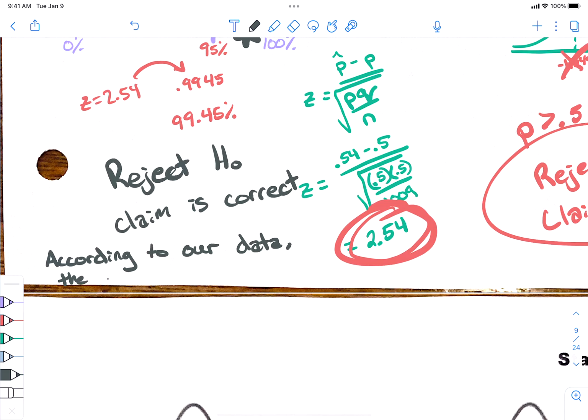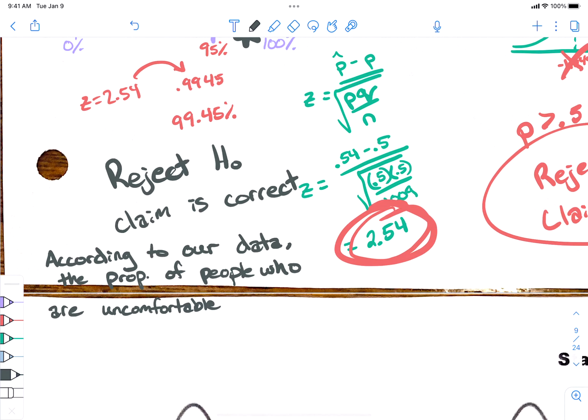the proportion of people who are uncomfortable with drone deliveries is greater than 50%, right? I'm going to spell these words wrong.